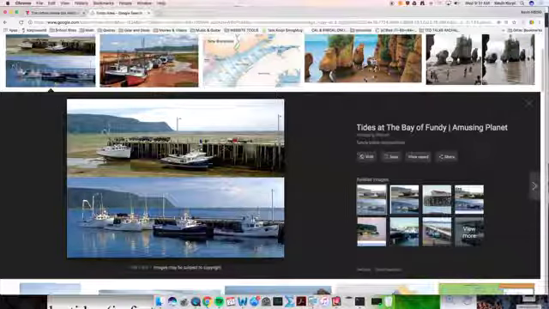When the tide rolls in, you see the ships are actually afloat. They have water beneath them. But then the tide rolls out, and look what happens in the picture above. There's so much water that rolls out that the boats become landlocked for a little while until the tide rolls in. So it's pretty dramatic, and that happens every so many hours, which we're going to talk about right now.